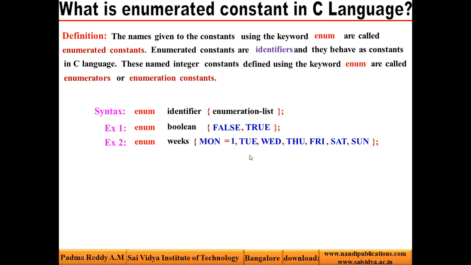That is, Tuesday will be 2, Wednesday will be 3, Thursday will be 4, then 5, 6, 7 and so on. If its value is 11, the next will be 1 more than the previous value. So if this is 11, this will be 12, 13, 14, 15, 16, 17 and so on.